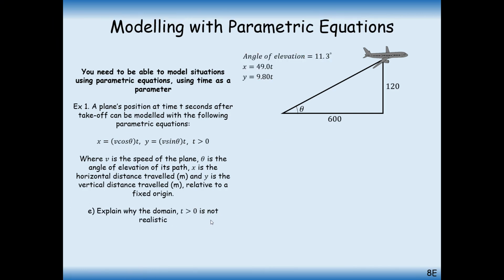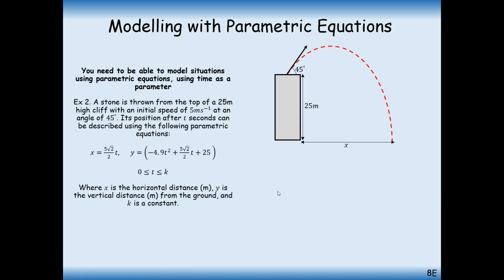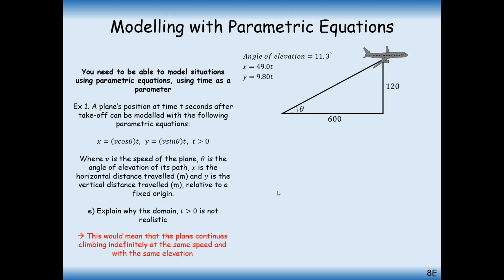There is another part to this problem that's asking us to explain why the domain of t being positive is not realistic. So it's asking us to criticize the model and come up with some answers. Well, the plane continues to climb up to a certain point.